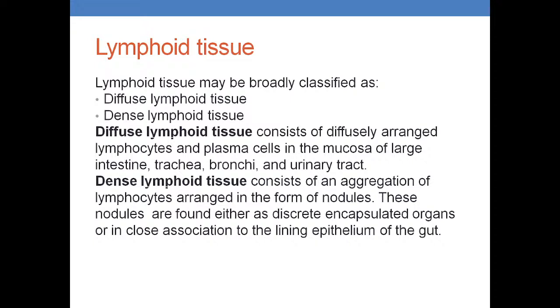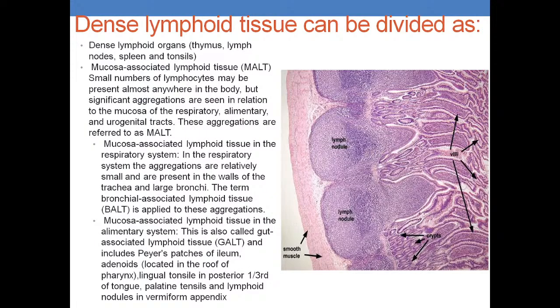These nodules are found either in discrete encapsulated organs or in close association to the lining epithelium of the gut. Dense lymphoid organs: thymus, lymph nodes, spleen, and tonsils.